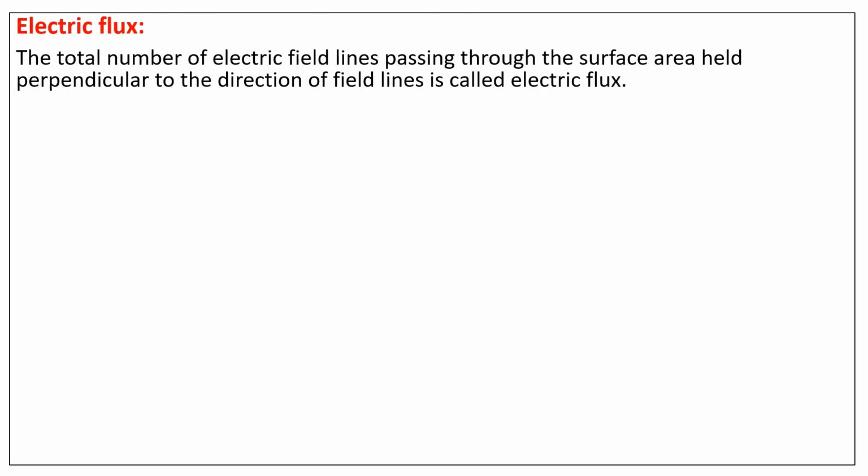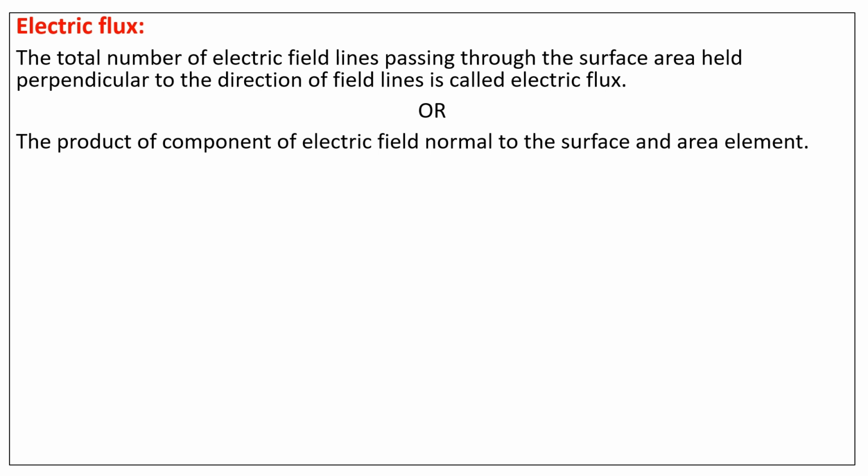Electric flux. The total number of electric field lines passing through a surface area held perpendicular to the direction of field lines is called electric flux. Or the product of the component of electric field normal to the surface and the area element.